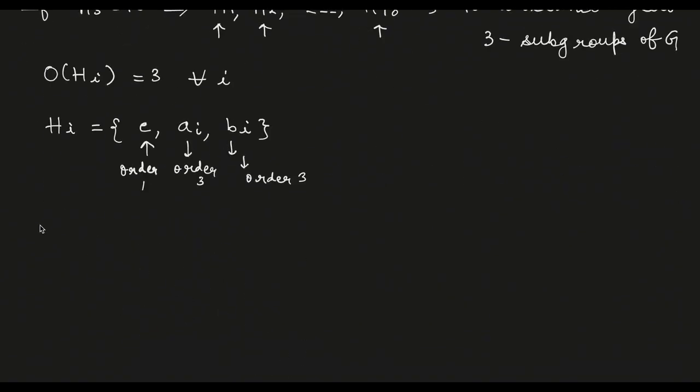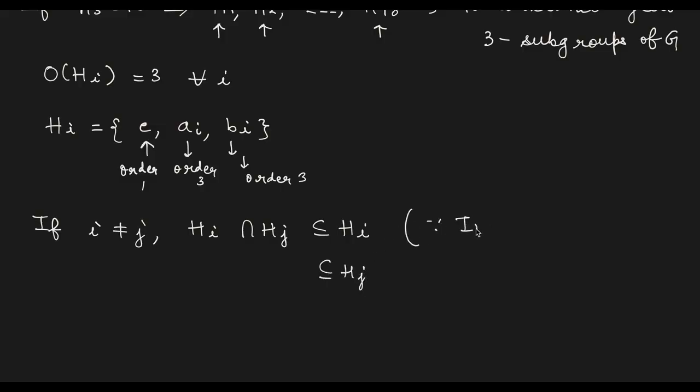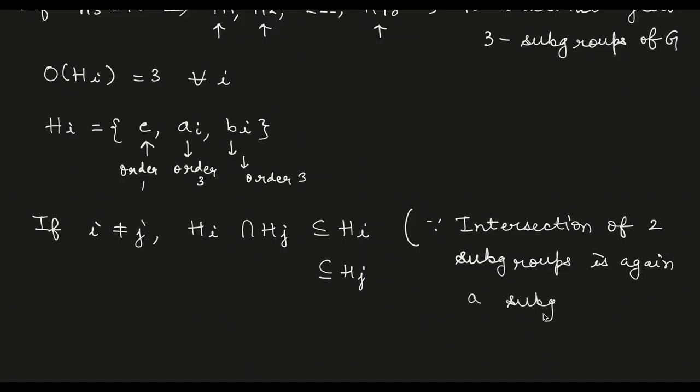Now if i is not equal to j, then Hi intersection Hj is contained in Hi, and also contained in Hj, because the intersection of two subgroups is again a subgroup. We have studied this many times, that H1 intersection H2 is contained in H1 and also H2.